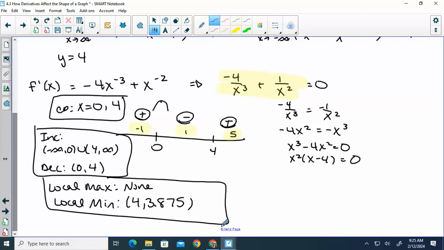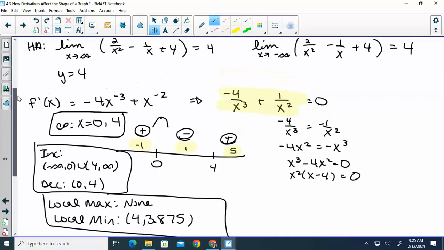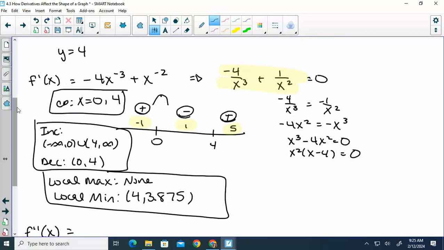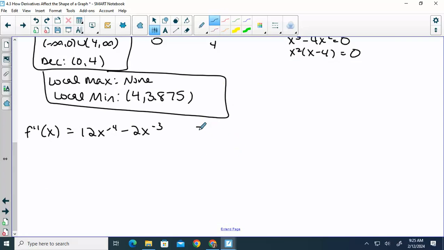Next step is the second derivative for concavity. So go back here. If I do that derivative, we would get 12x to the negative 4 minus 2x to the negative 3. So that means 12 over x to the 4 minus 2 over x cubed.